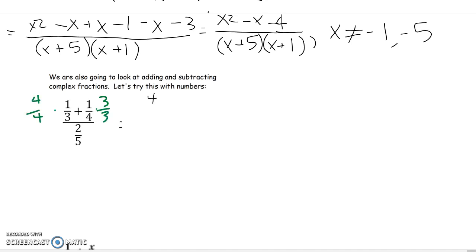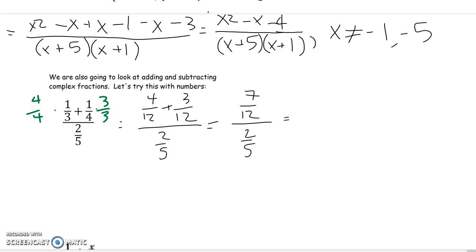That gives us 4/12 plus 3/12. This is still all over 2/5. And that ends up being 7/12 over 2/5. And then to divide two fractions really means to take the top fraction and multiply by the reciprocal of the fraction in the denominator.